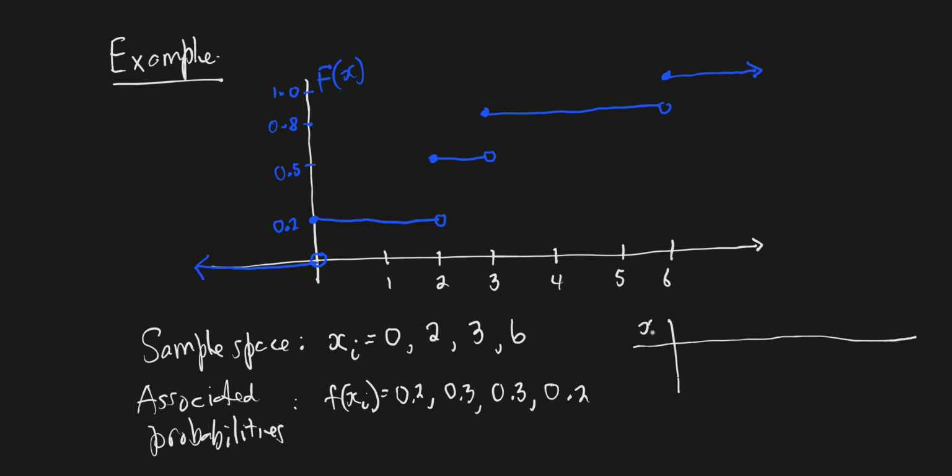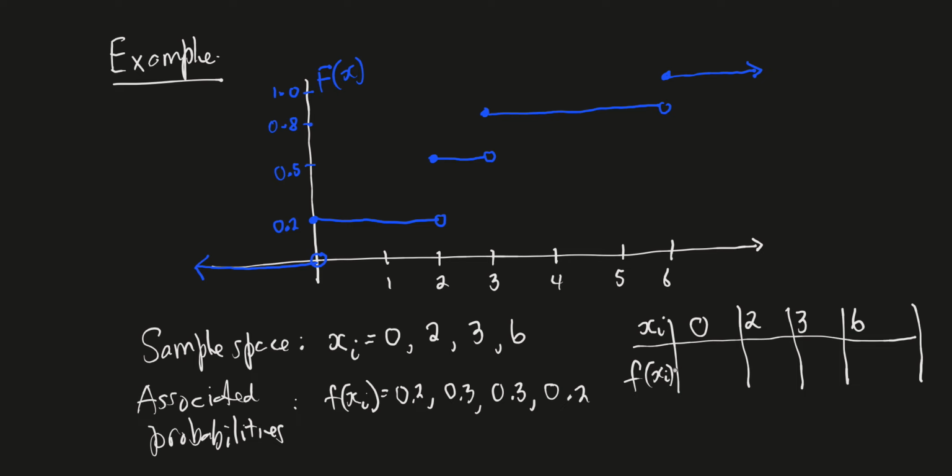I would have our xi's, and then here I'm using, again, little f to represent the PDF, and list the possible values, right? And it's pretty standard that you only list the possible values. If you list other values of x that are not possible, then you'd have to put a probability of 0 there.